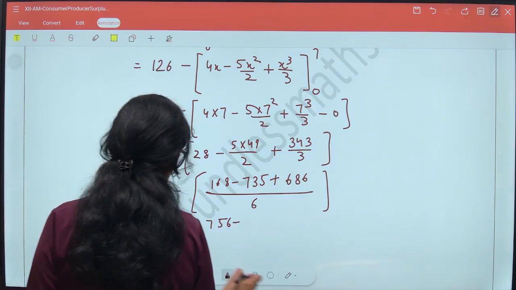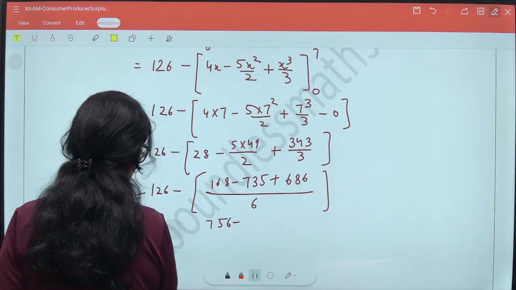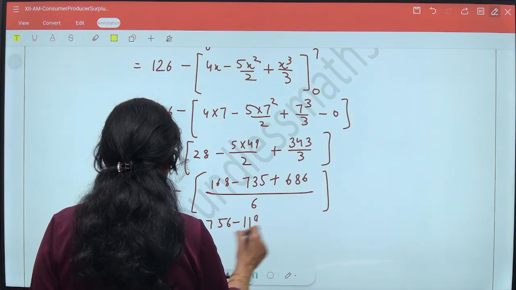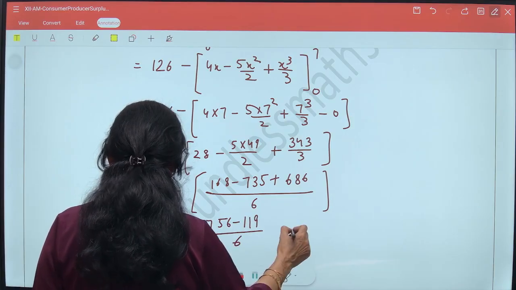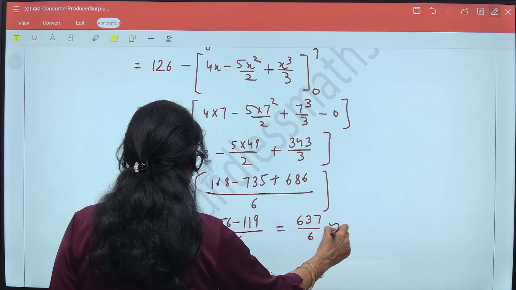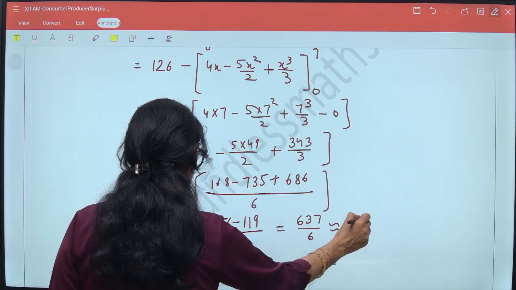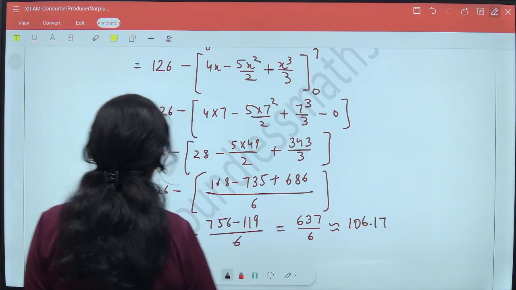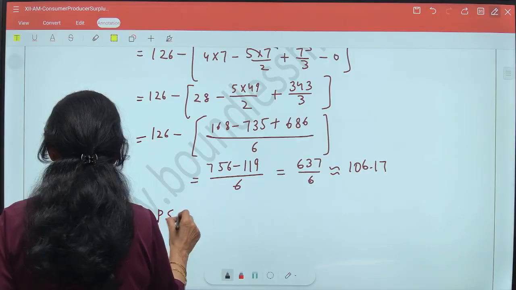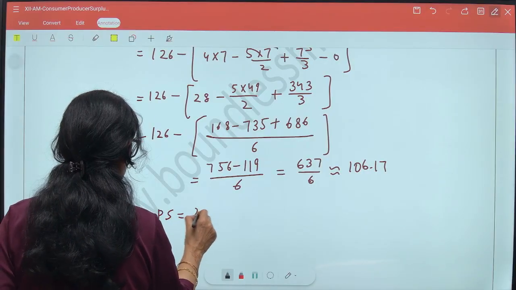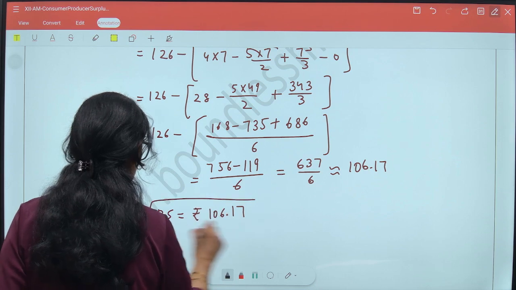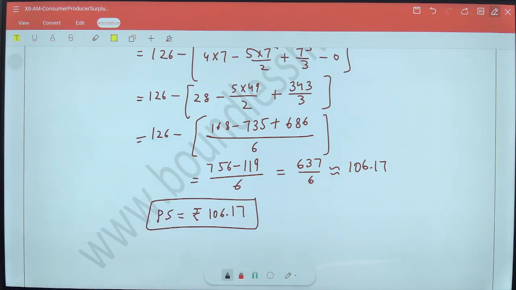So eventually, taking the LCM out, it is 756 minus 119 upon 6, and this will be 637 by 6, and you get an approximate answer of 106.17. So that means the producer surplus is rupees 106.17. This is your final answer.